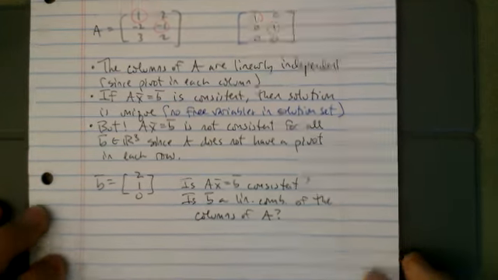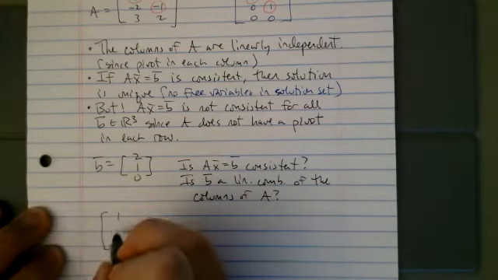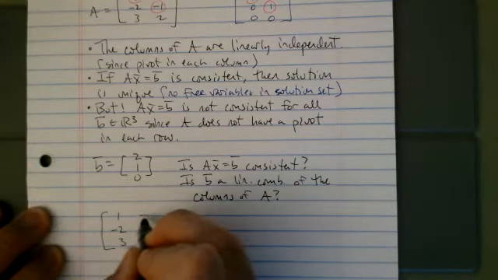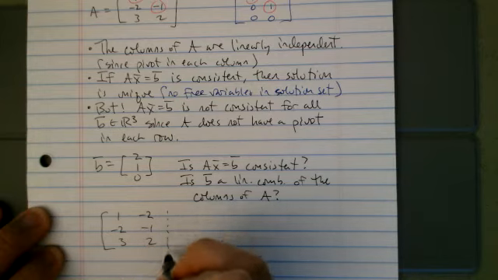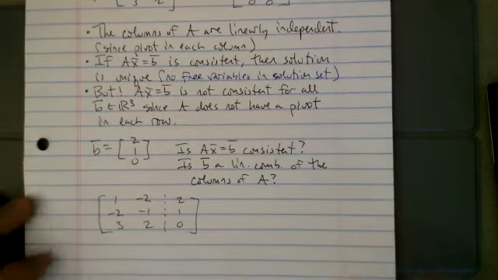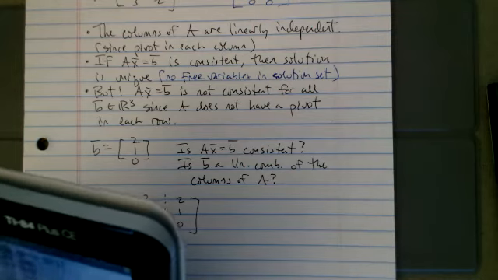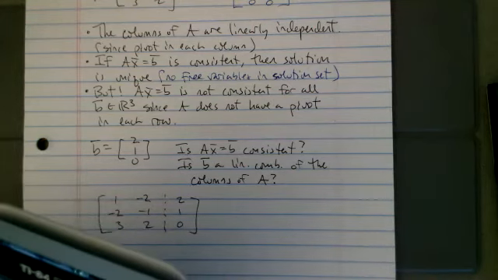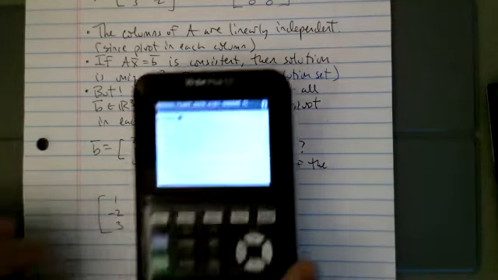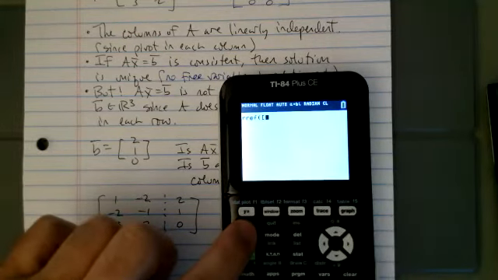And to do that, we would set up an augmented matrix with the columns of A, 1, -2, 3, -2, -1, 2, and then we put B on the third column. Now we're looking at an augmented matrix, and we want to know if there's a pivot in the rightmost column of the augmented matrix. So to do that, we'll put our augmented matrix in our calculating machine.